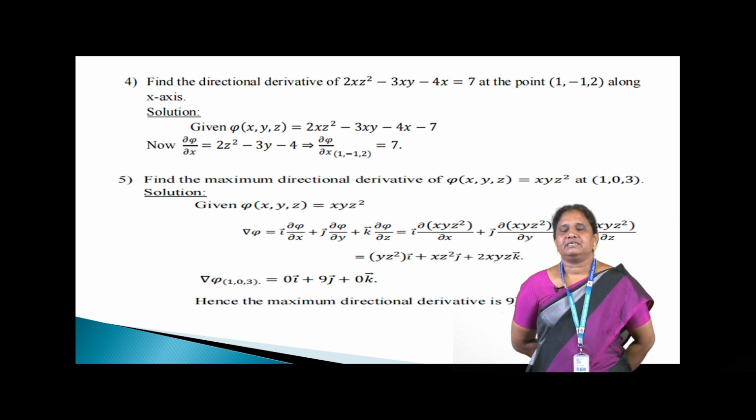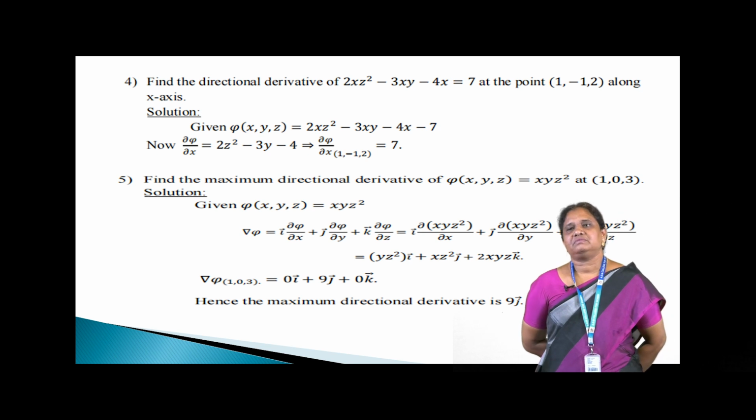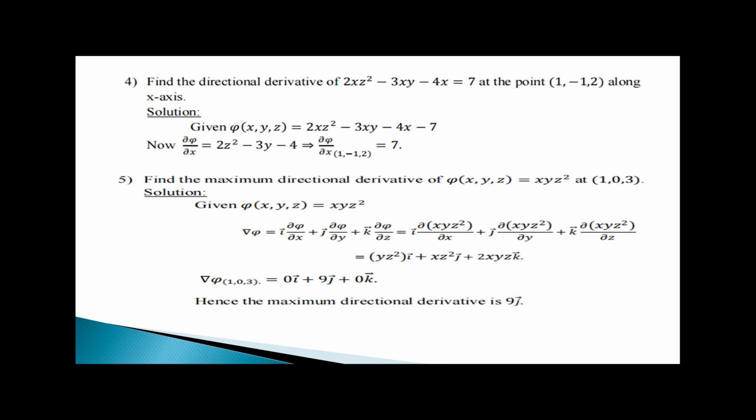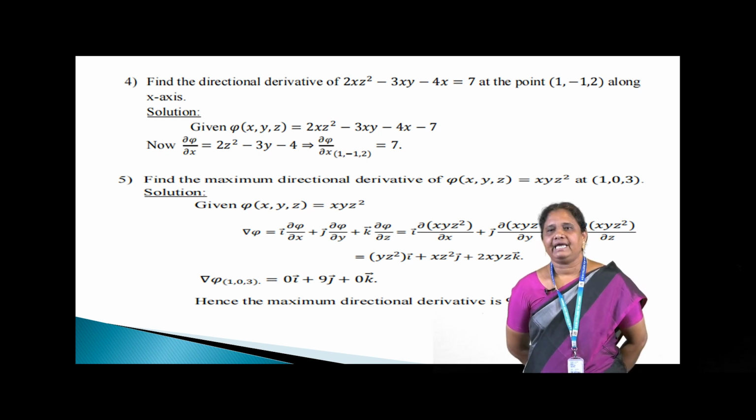In this answer, we have the maximum value for the vector j, that is in the direction of y. Therefore, the other values are 0, so the maximum directional derivative is 9 j vector.